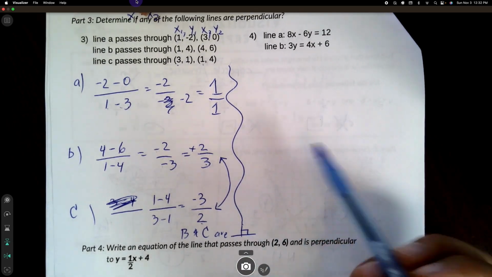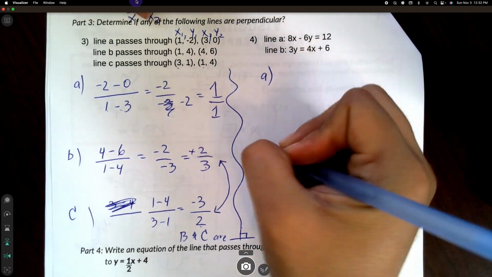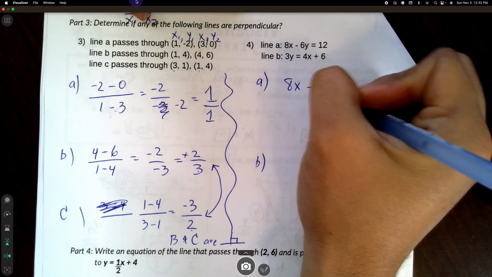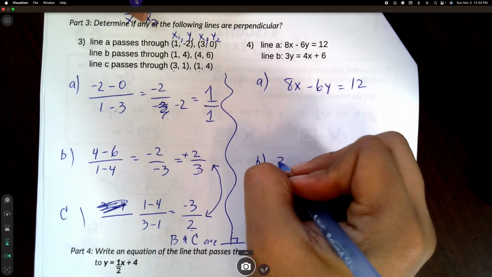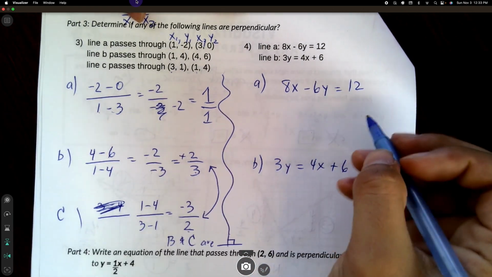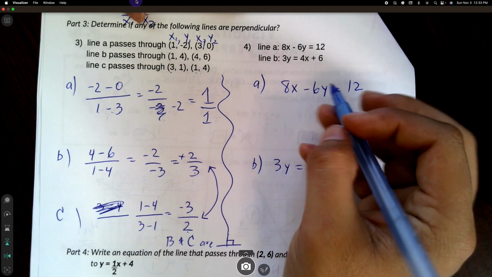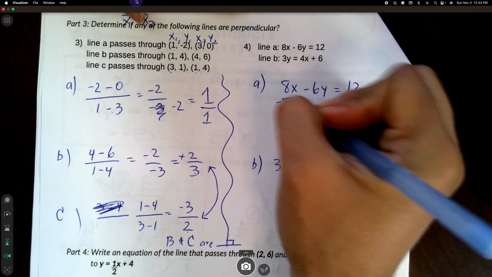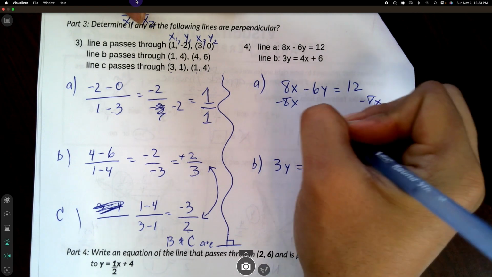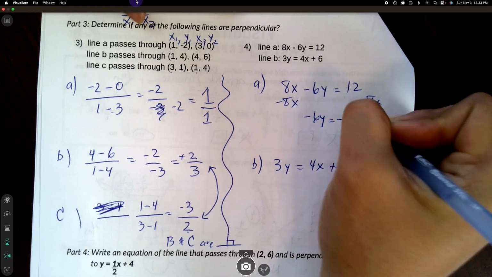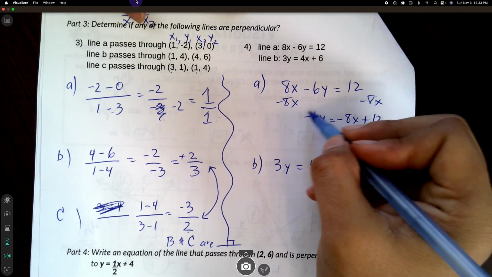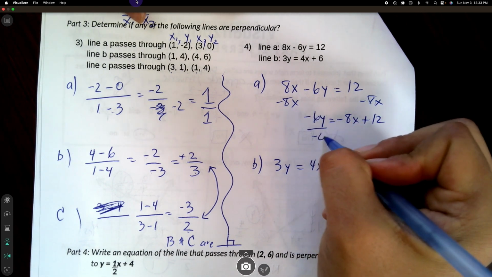Okay, line A and B. So this is 8x minus 6y equals 12. This is 3y equals 4x plus 6. I need to get rid of this 8x, so subtract 8x from both sides. This leaves us with negative 6y equals negative 8x plus 12. We then divide by negative 6 to get rid of this negative 6.